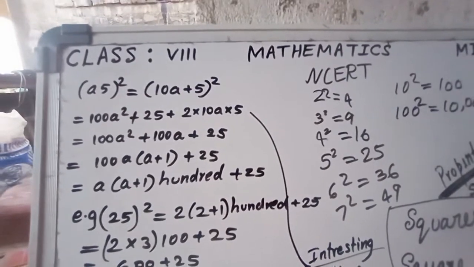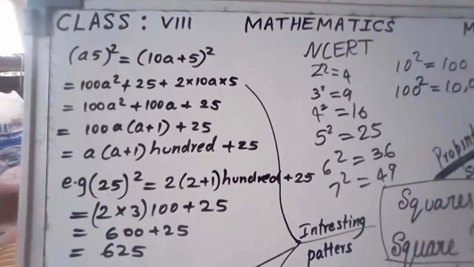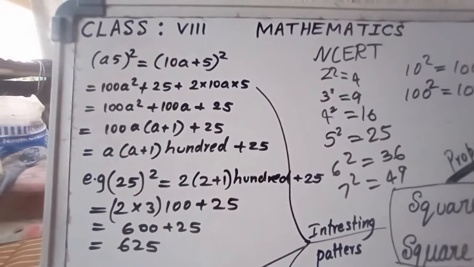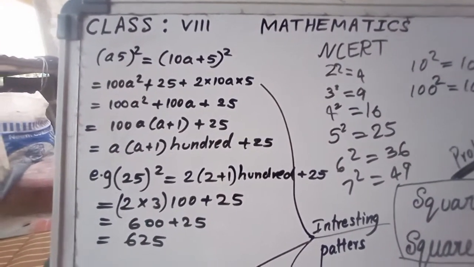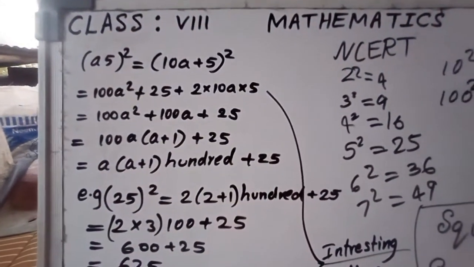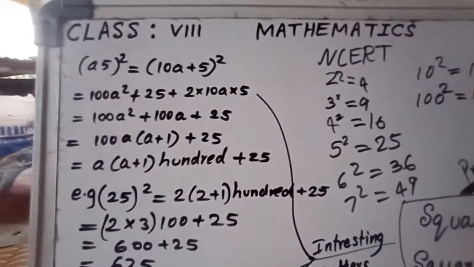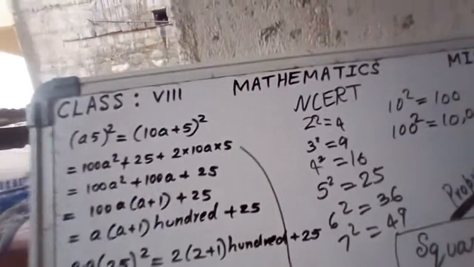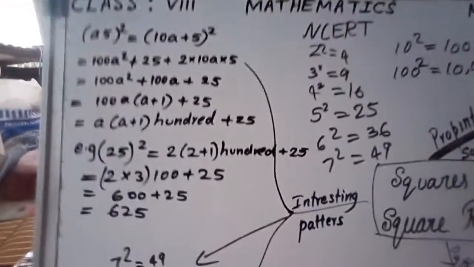In the same way, 100a square, 2 into 10a into 5 is 100a, and 5 square is 25. So we can write it in the general form a into a plus 1, then 100 plus 25. So this one can be written like this.